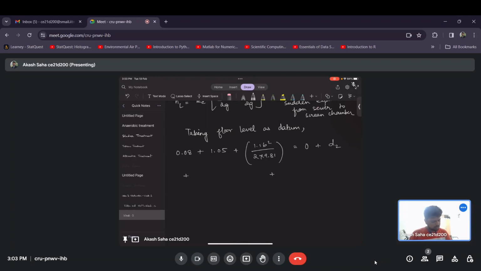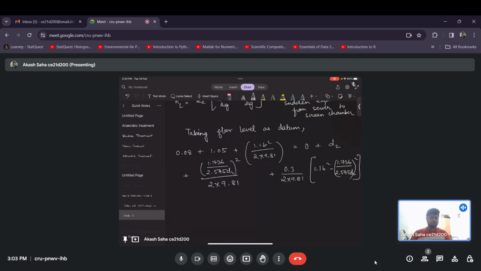My V2 will be Q by area, 2.545 into D2, the whole square by 2 into 9.81, and then my HL. HL will be the K value, which I am taking as 0.3, into 1.16 minus 1.736 by 2.545 D2, whole square, by 2 into 9.81.